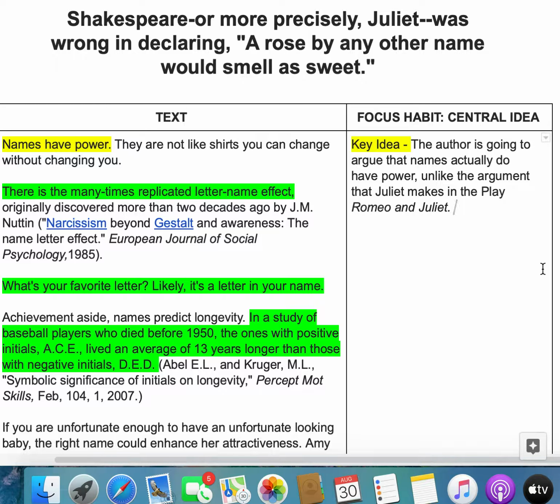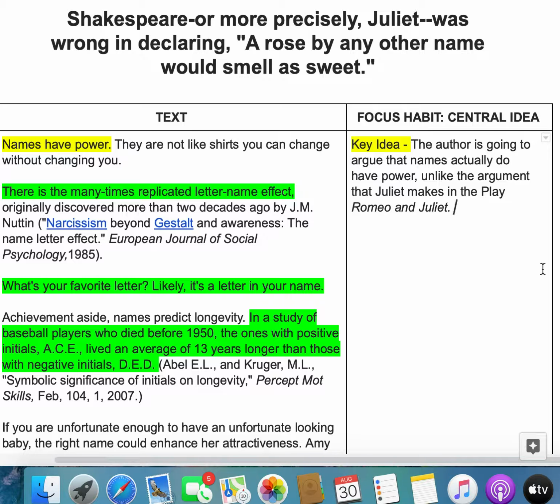In the next paragraph, the author says, "What's your favorite letter? Likely it's a letter in your name." So here we see the author's adding more details about this letter name effect that he discussed in the previous paragraph. If we keep reading, we see the author adds more details to this idea when he says, "In a study of baseball players who died before 1950, the ones with positive initials like Ace lived an average of 13 years longer than those with negative initials like Dead."